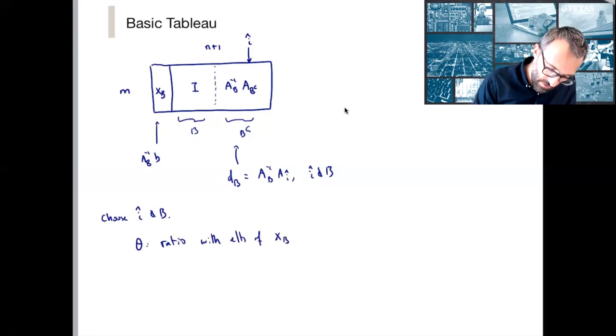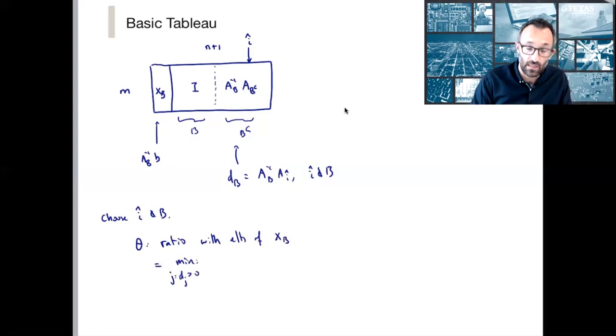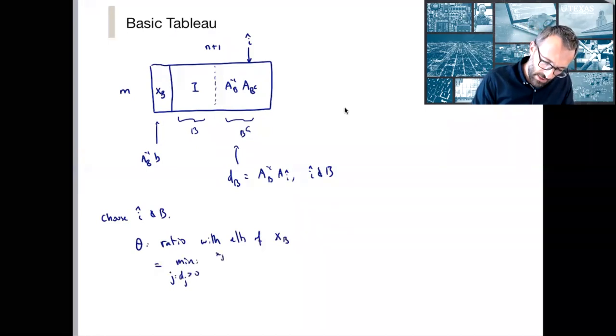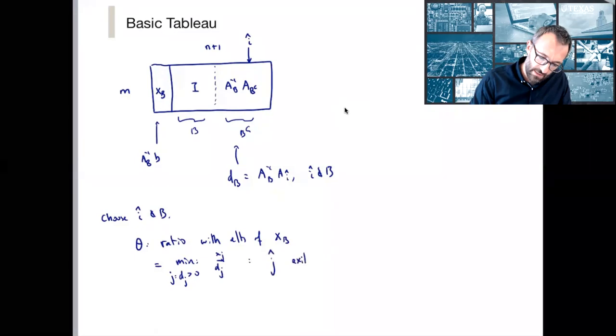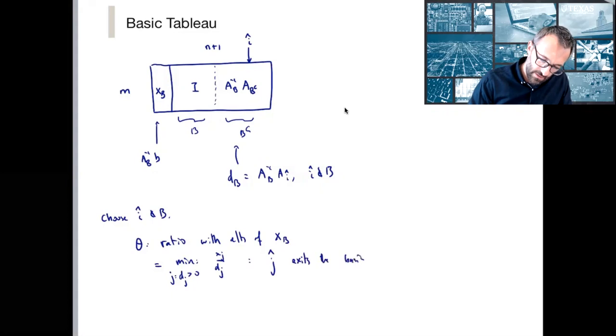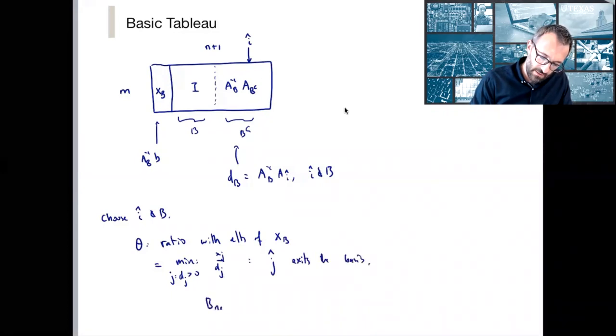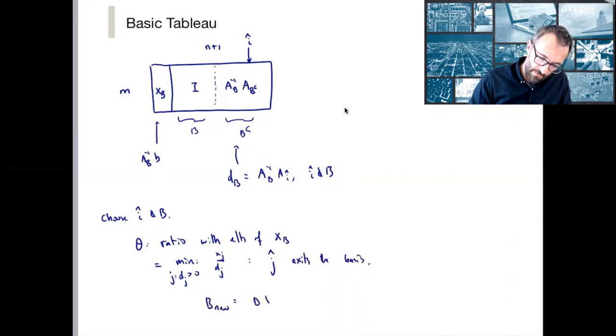So remember that this was equal to the min over all j such that dj is positive, j an element of B, of xj divided by dj. And the winner here, let's call that j hat, this exits the basis. And our new basis is B minus j hat union i hat.